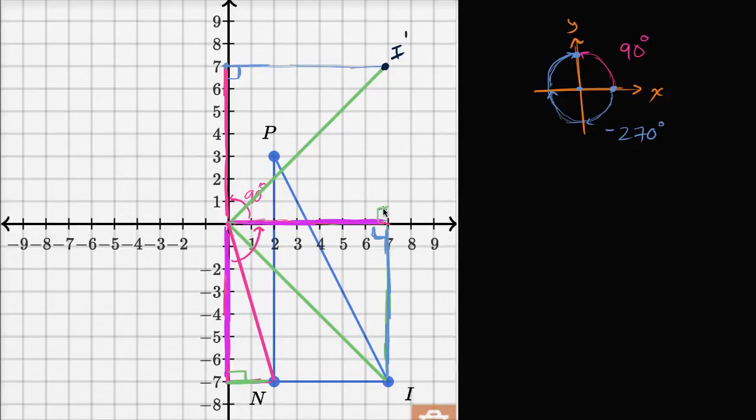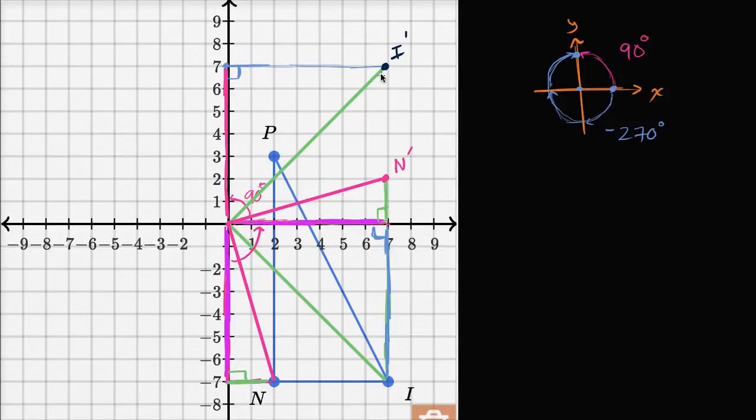So we're going to form a right angle and have length 2 right over here. And so the image of point N is going to be right here. I'll call that N prime.